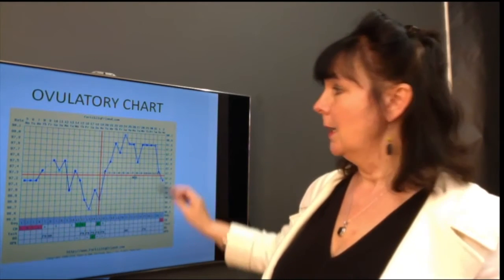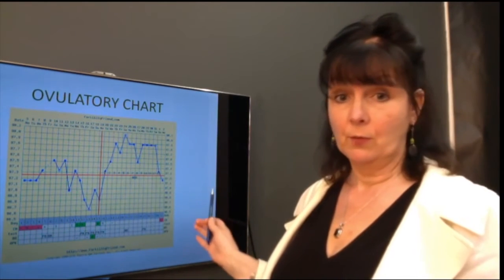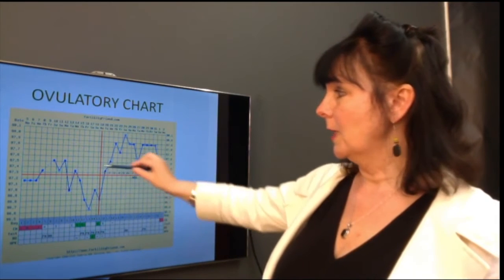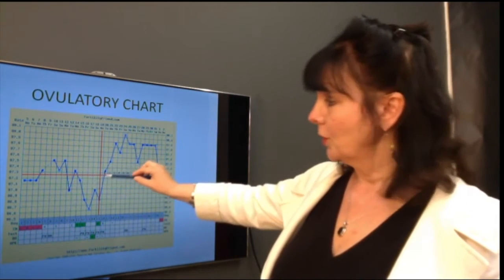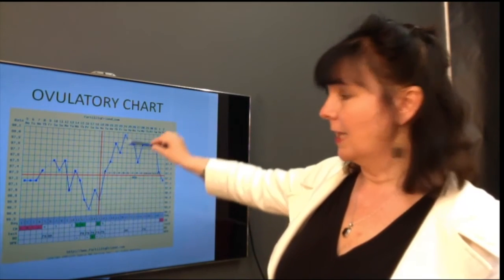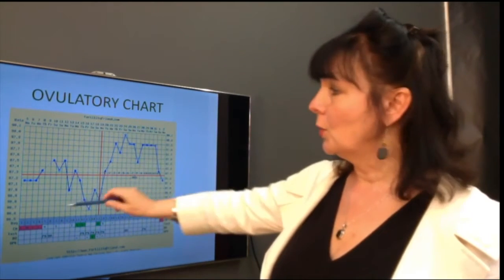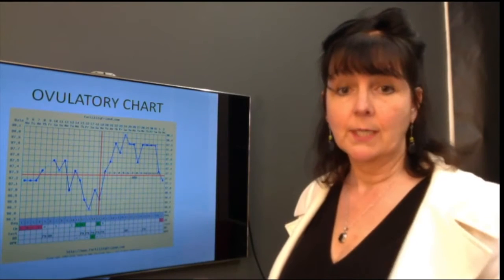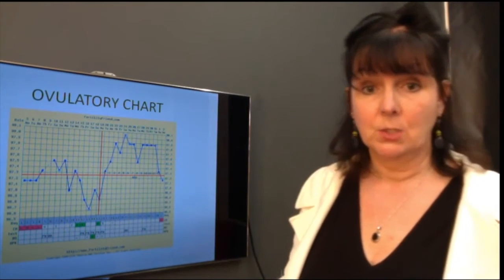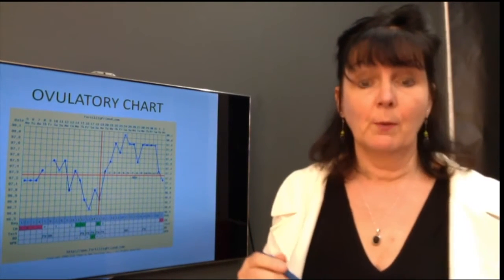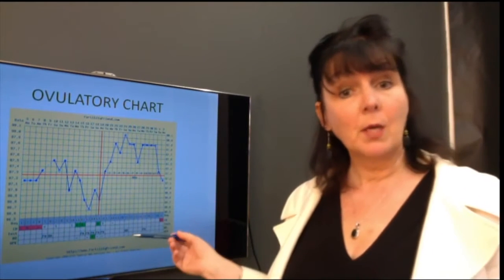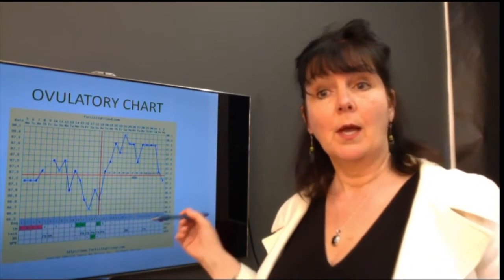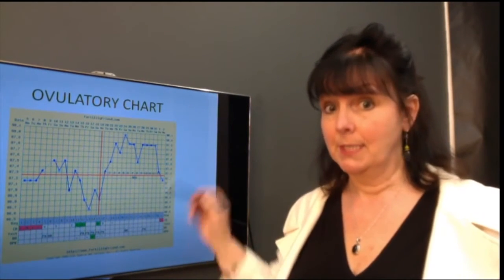But in general terms, what we're looking for is these patterns. We're looking for the drop at ovulation and then this lovely rise. You will always see fluctuations. Don't expect to see straight lines. In fact, if you do start to see straight lines, it could be there's a problem with the thermometer, and you might want to ask your clients to change their thermometer to see whether that makes a difference.